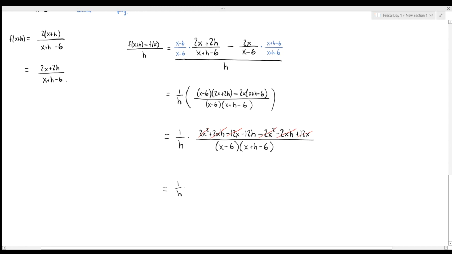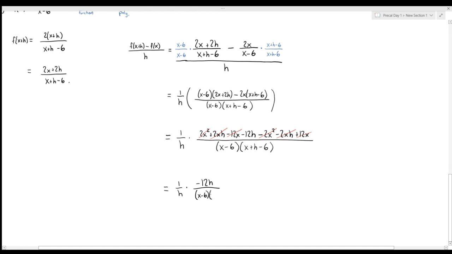That leaves us with 1 over h times negative 12h in the numerator, over this product. Now that we've simplified the numerator, we see that we can cancel out these h's.